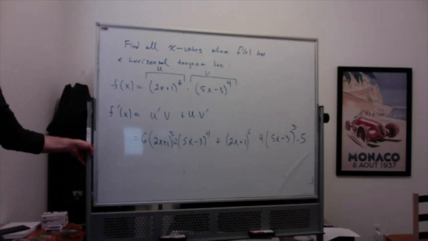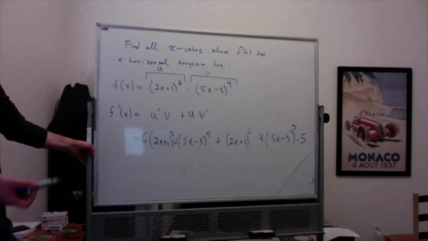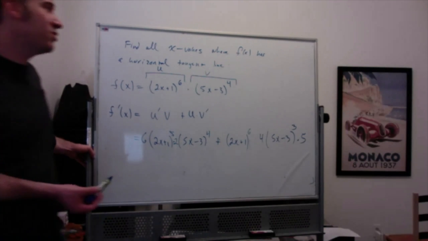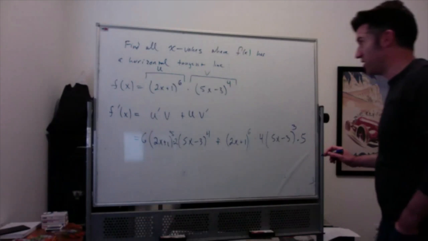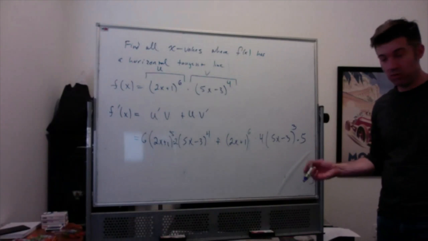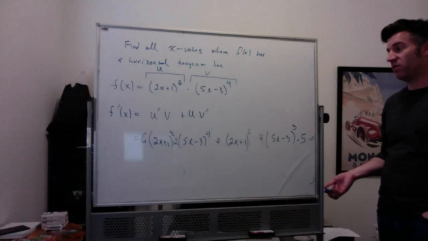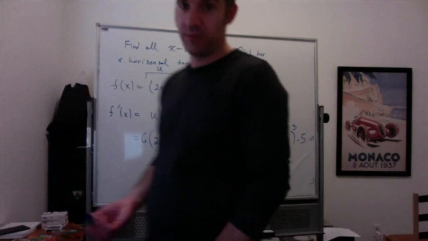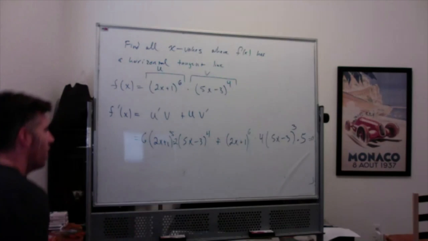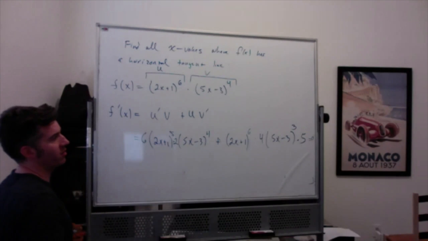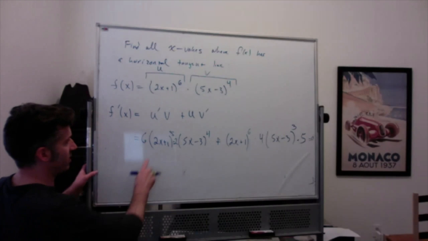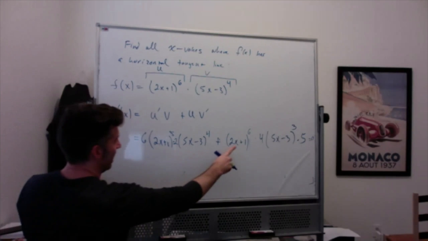And so here's the thing. A lot of the time, if I said just find the derivative of this, we would probably leave it here. But now since we're trying to find where the derivative is equal to 0, this is when we really want to simplify. Specifically here, I really want to factor. So I'm going to say, okay, well, I can factor out what? Well, I've got a (2x plus 1) to the 5th and (2x plus 1) to the 6th.